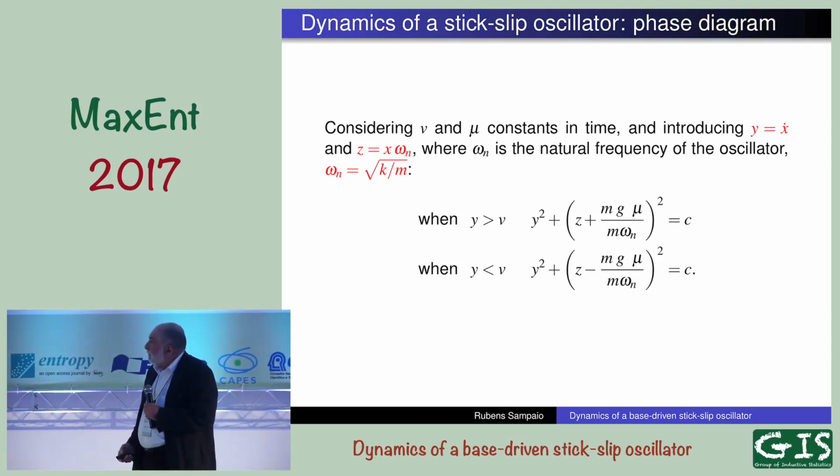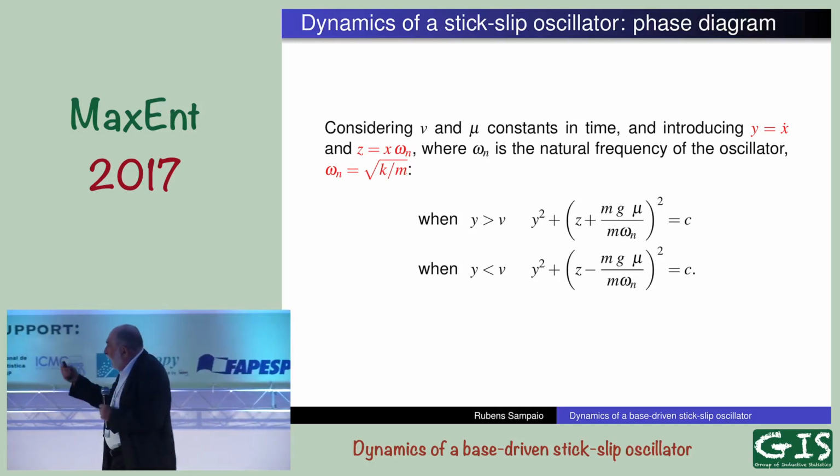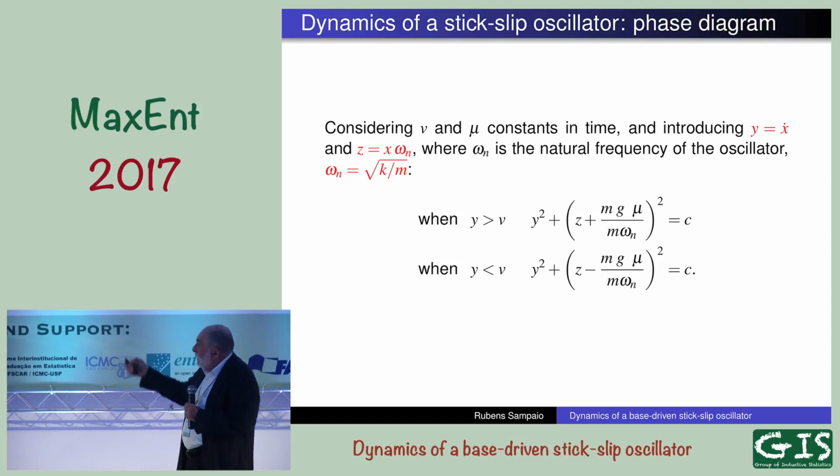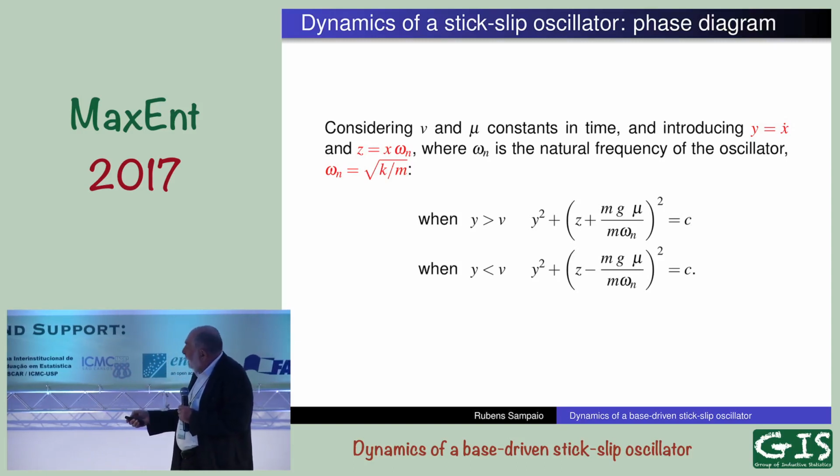So that's my framework. In order to give you an idea how the dynamic is, I'm going to show the phase plane of this problem. So I am going to change a little bit. I'm going to use in the phase plane y, that's the velocity, and instead of using the position, I'm going to use a z that has the same dimension as x dot.